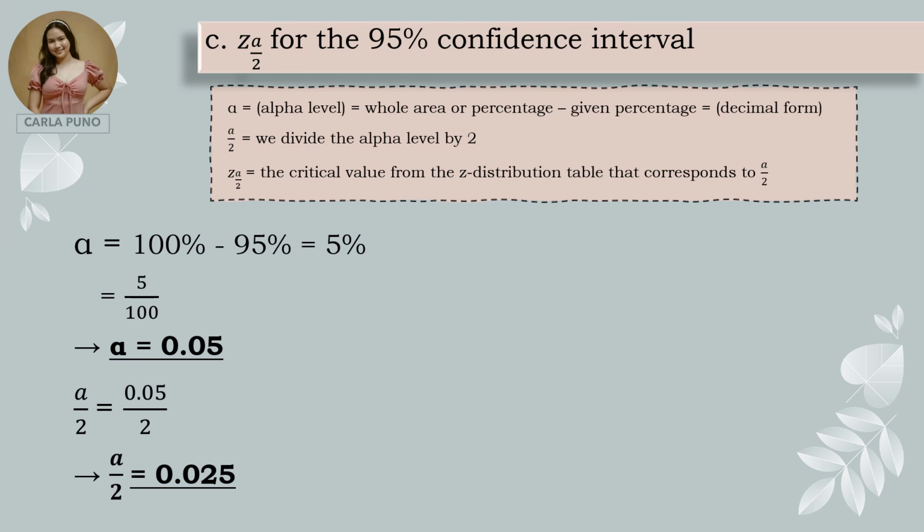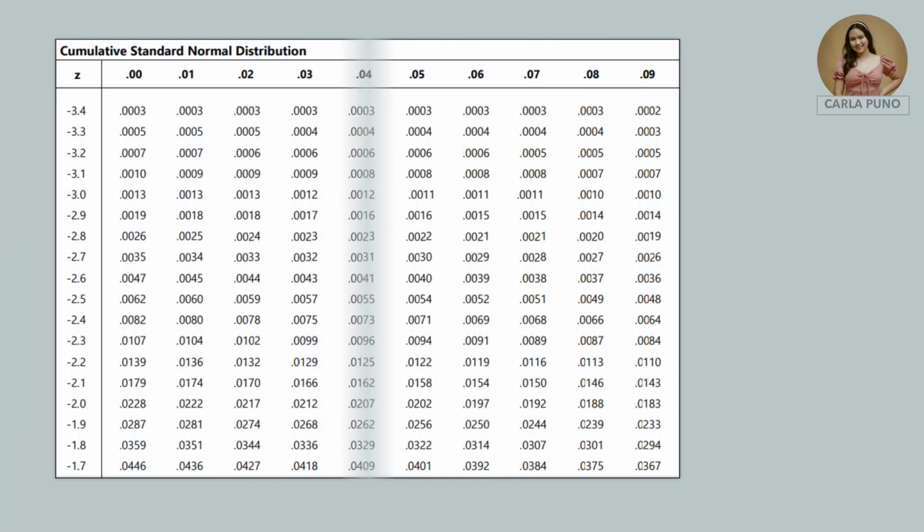For our alpha divided by 2, we have 0.025. And now we are going to look for the closest value on the z-table for our 0.025.